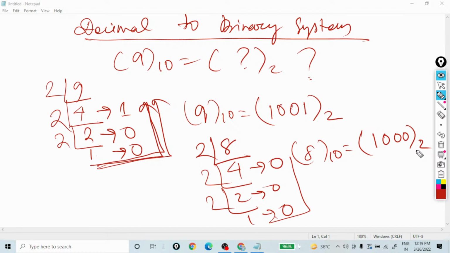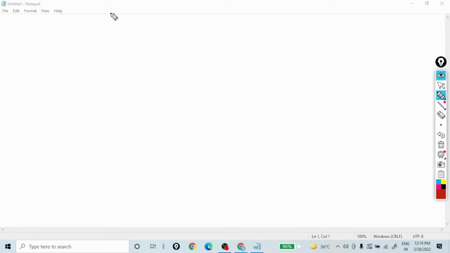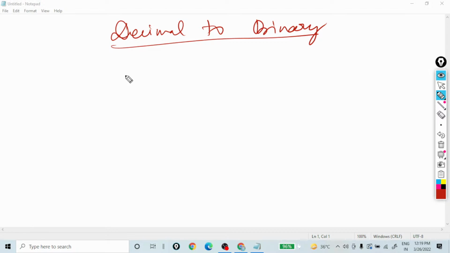Then if you consider another number, for example 19, decimal to binary, we are converting decimal to binary system, right? So for example, consider another digit, for example 7.